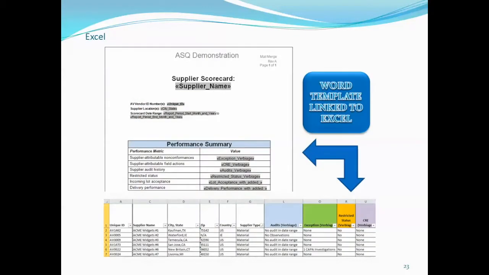What a lot of people don't know is that there is the possibility to link a Word template to Excel. In summary, you identify an Excel template or an Excel database that you want to link to the Word document.